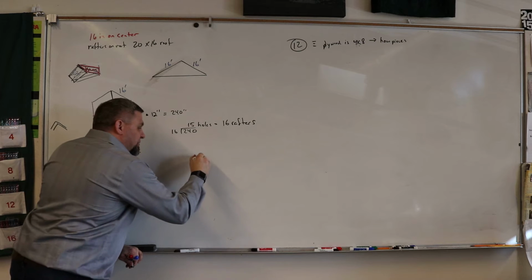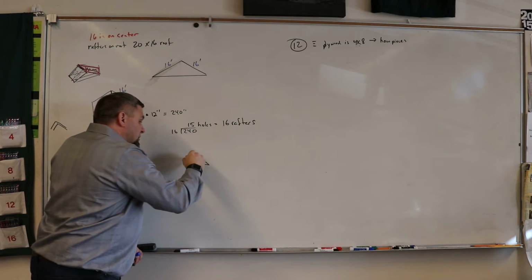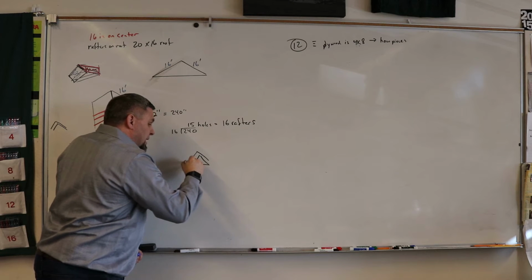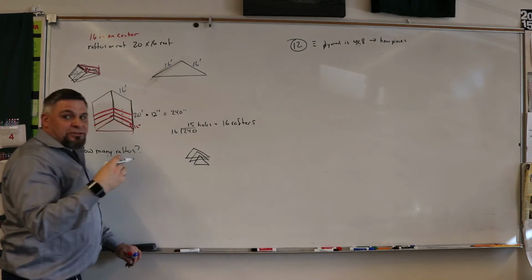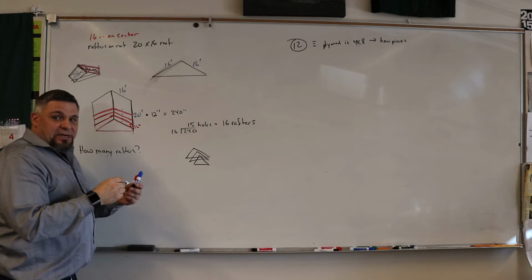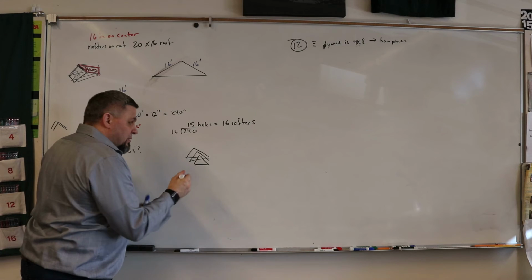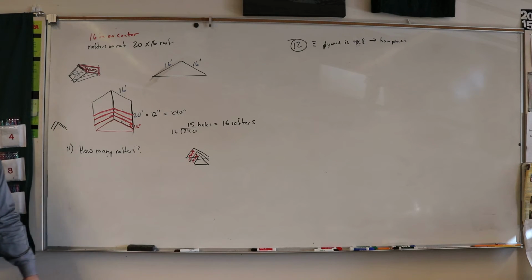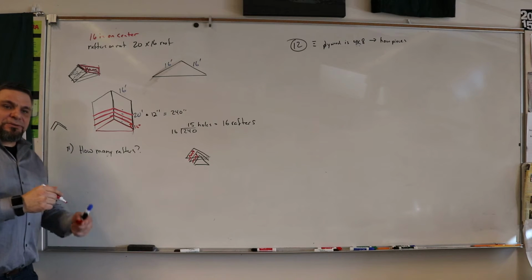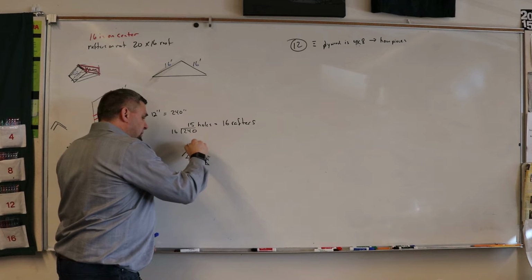Let's take a look. What if we need 3 holes? Use what we know to figure out what we don't know, right? There's 3 rafters, and how many holes are in there? 1, 2. So 3 rafters, 2 holes. 4 rafters, 3 holes.